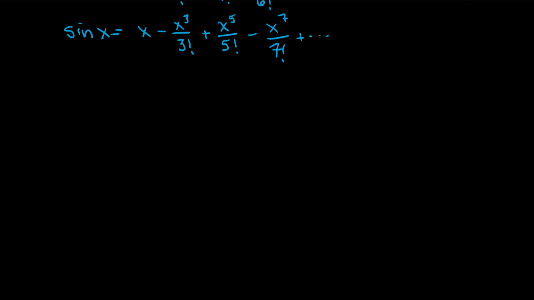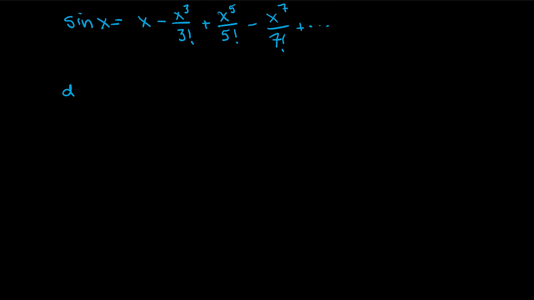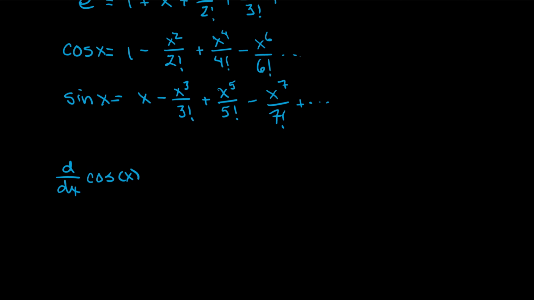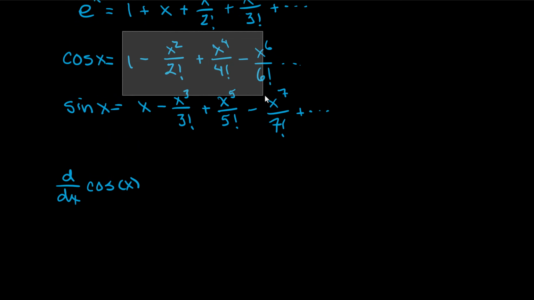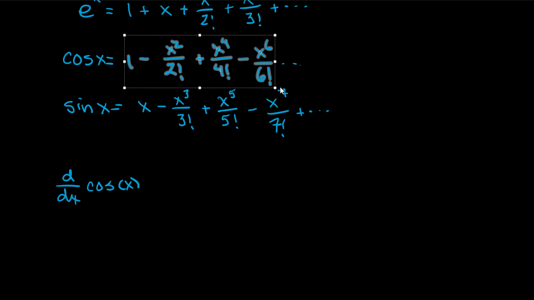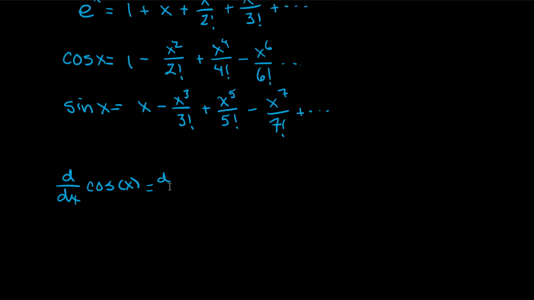Well, let's first consider the derivative of cosine. So if we're going to do the derivative of cosine, that means that we're going to take this function that we have here, this cosine, and this is going to be equal to the derivative of that very same function back.